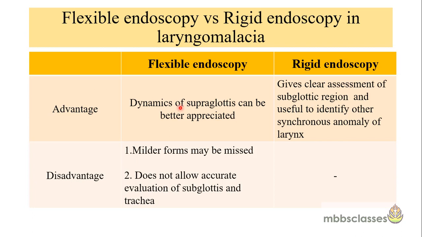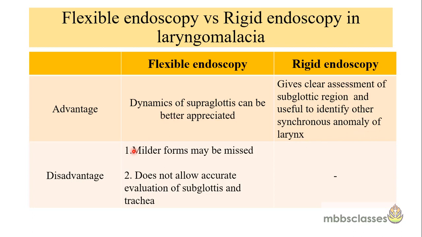The advantage of flexible endoscopy is that the dynamics of the supraglottis can be appreciated in a better way. Since rigid endoscopy has to be done under general anesthesia, the dynamics cannot be studied, but it definitely gives a clear assessment of the subglottic region, and it also helps us identify other synchronous anomalies of the larynx.